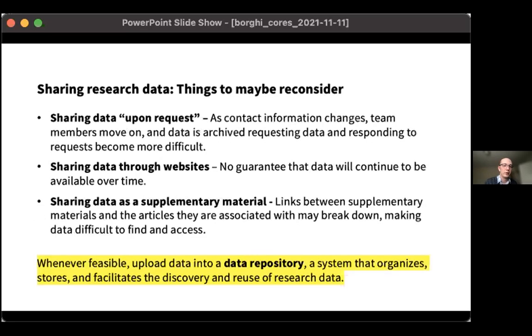I will, again, just put on my data librarian hat and say, while you're thinking about how and through what mechanisms to share your data, some things to maybe reconsider, if possible, I'll put this as gently as possible, are sharing things upon request.